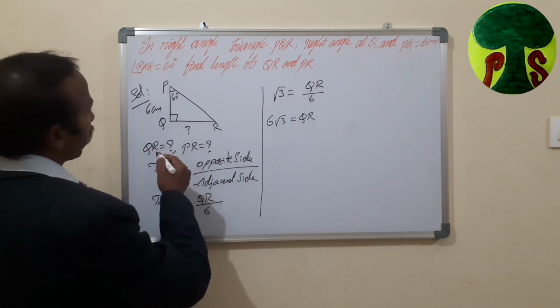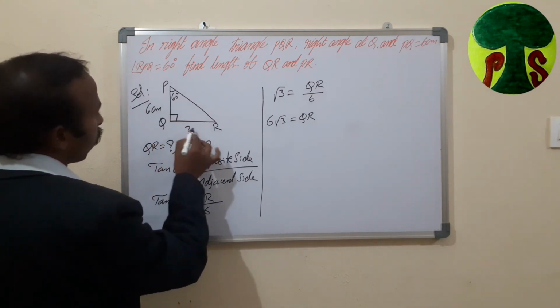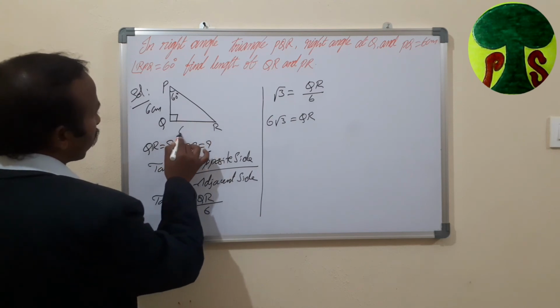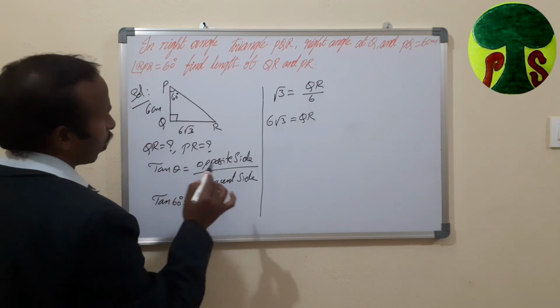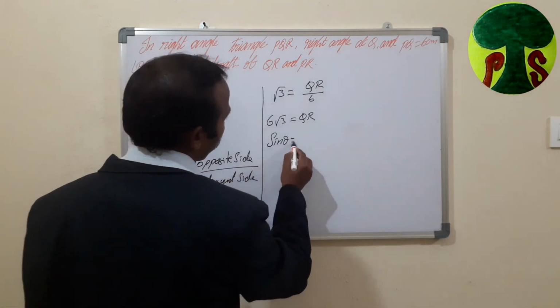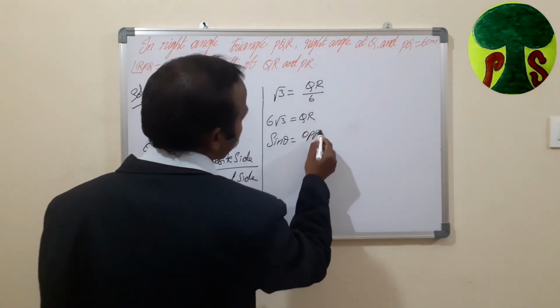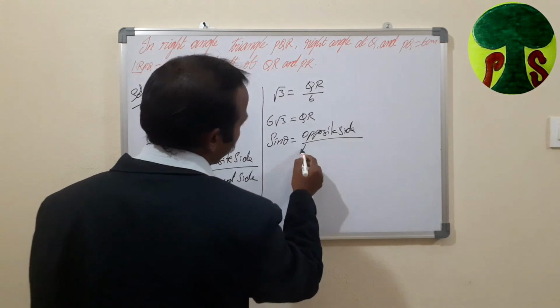Next we will find the PR length. So now QR is 6 root 3, opposite by hypotenuse we will take, that is nothing but sin theta. Sin theta equals opposite side by hypotenuse.